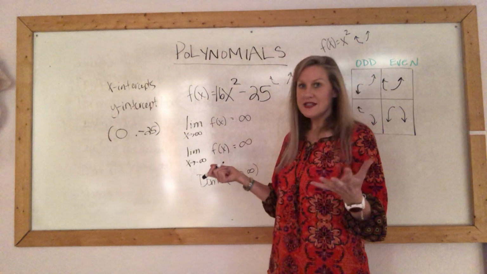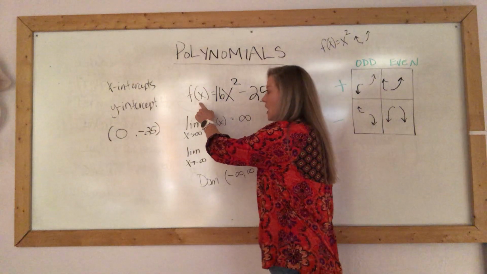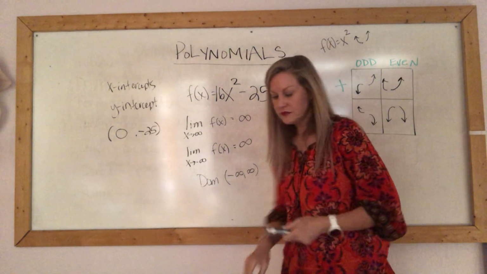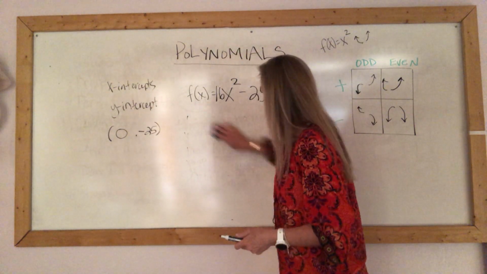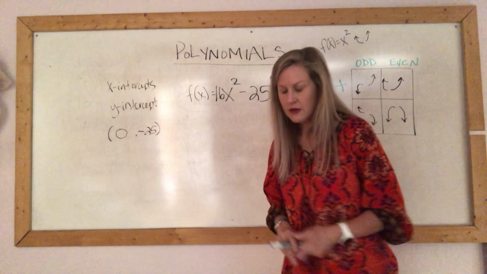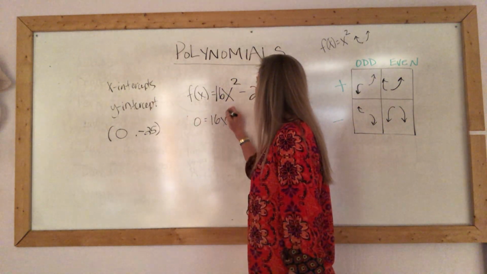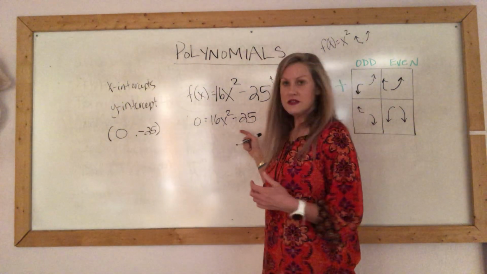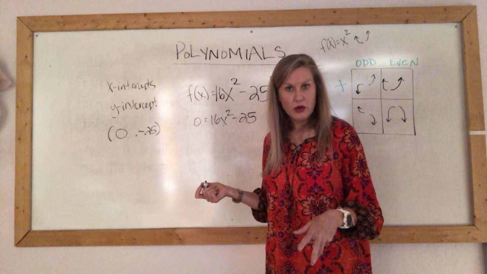To hit the x-axis, we're going to set the function equal to 0, or plug a 0 in for that output or that y. If I do that, I can either factor this, it's a perfect square binomial, or I could use the square root property.